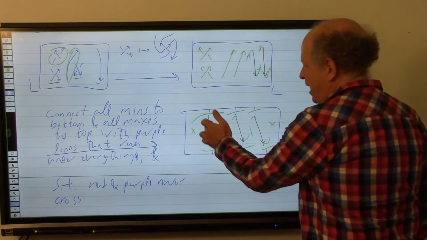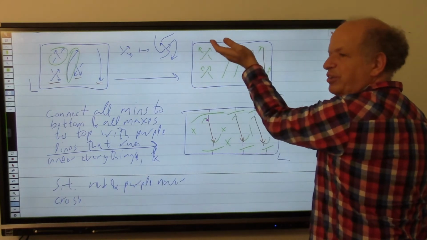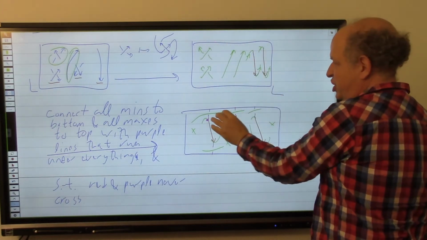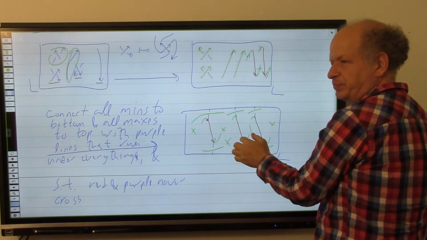So the reds never crossed each other because all the crossings were pointing up. And the additional requirement is that the purples do not cross any of the reds.